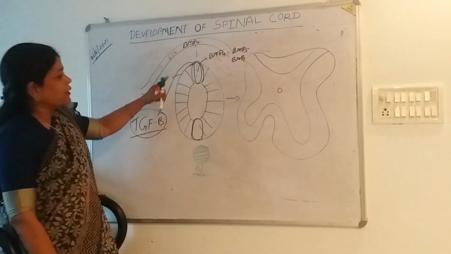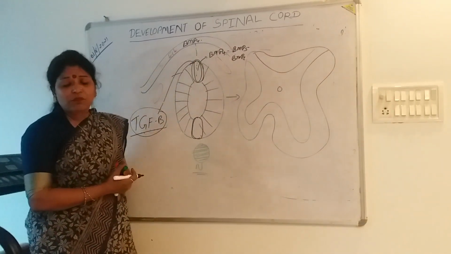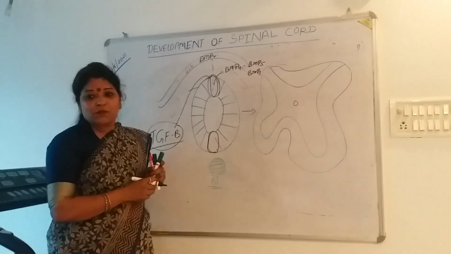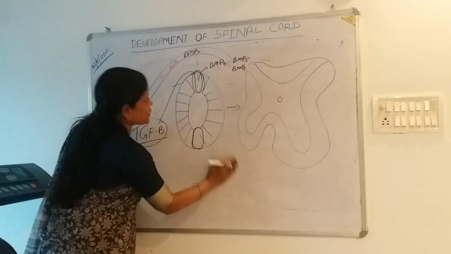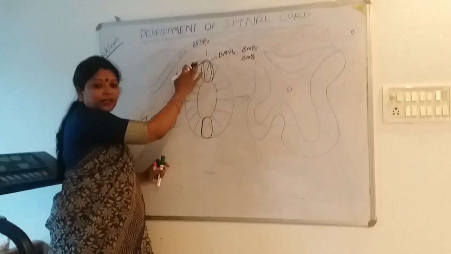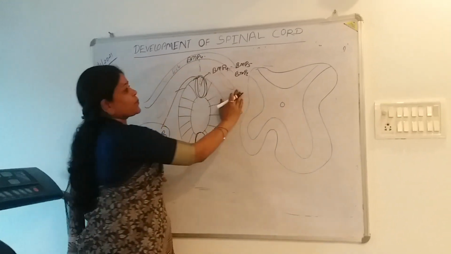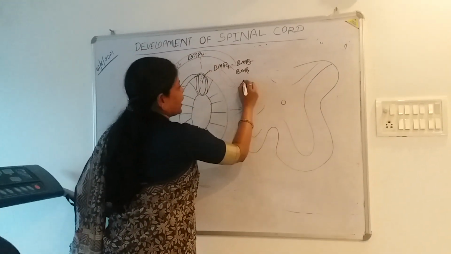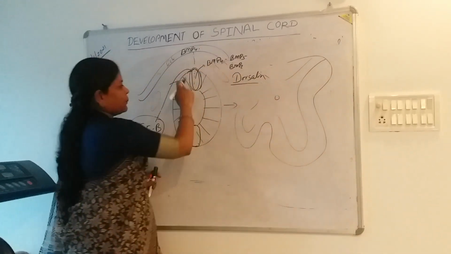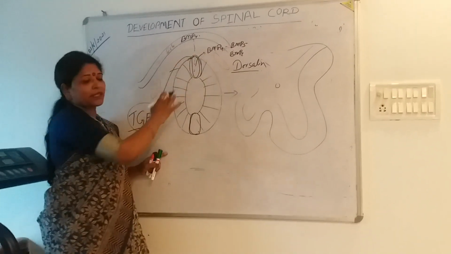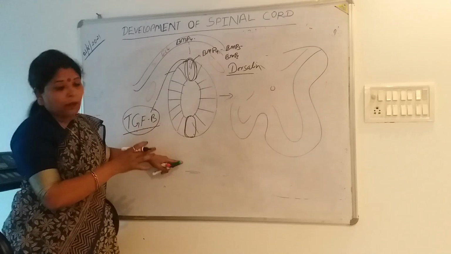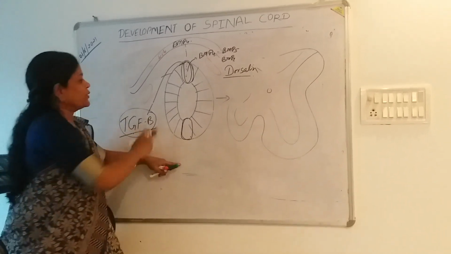Once there is higher concentration and the second signaling of BMP4, it will activate some other transcription factor, some other molecules expressed for dorsalization, a gene called dorsalin. The part on the dorsal side which forms the sensory component of the spinal cord, who will decide it? Dorsalin will decide.